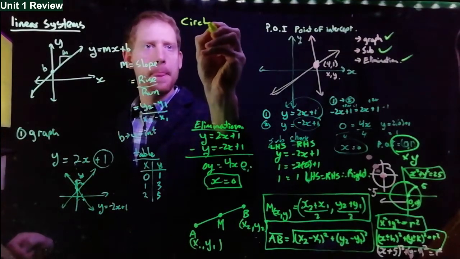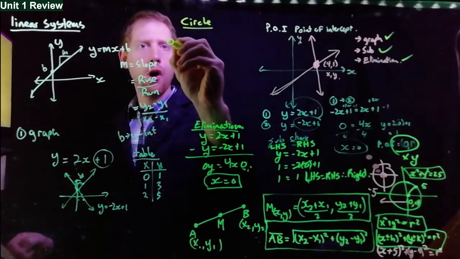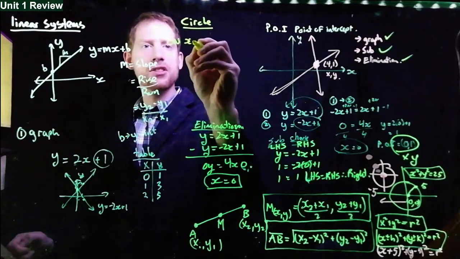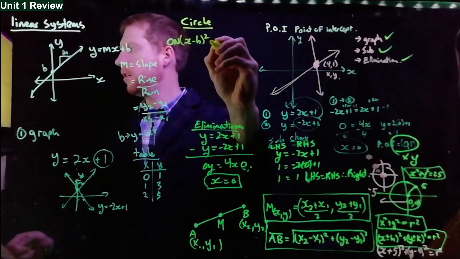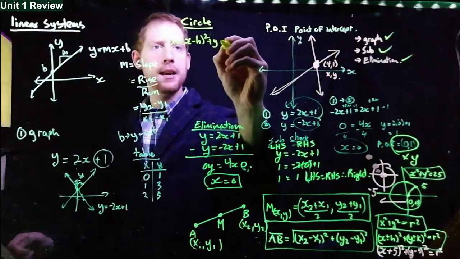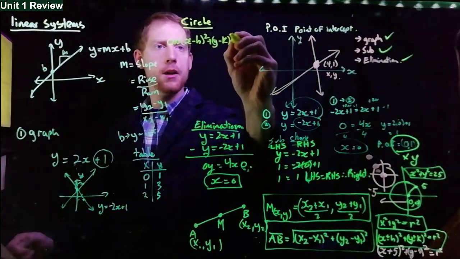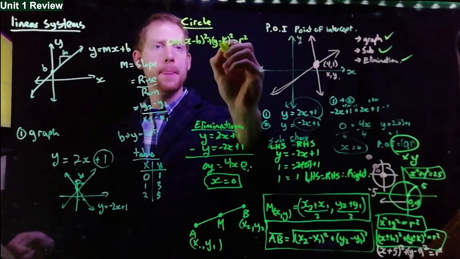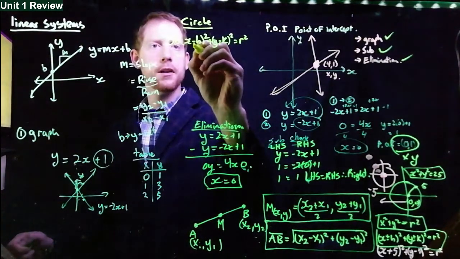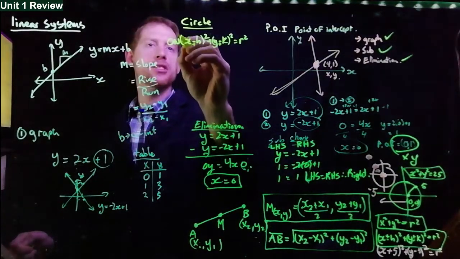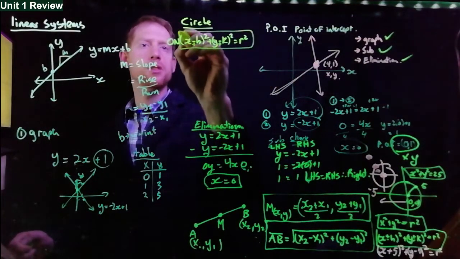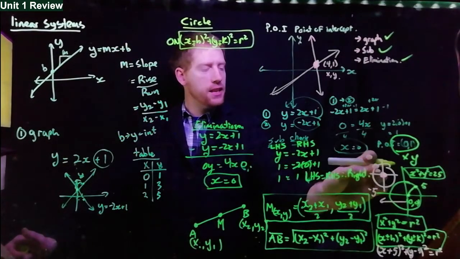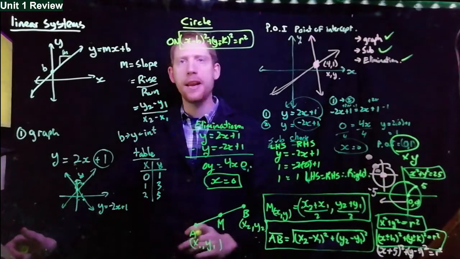We can know a point is on the circle because if (x minus h) squared plus (y minus k) squared is equal to r squared, that means it's on the circle. Okay, if it's equal to the radius, that means basically the distance. If the distance to that point is equal to the radius, it's on the circle.